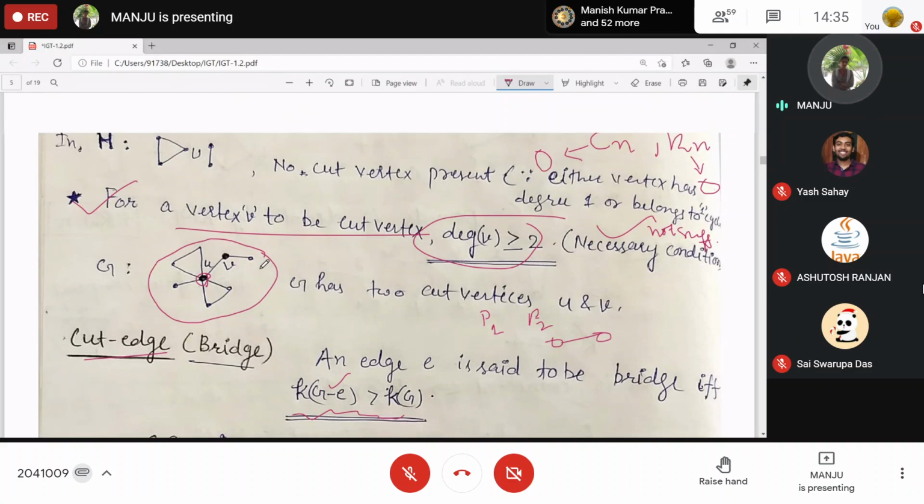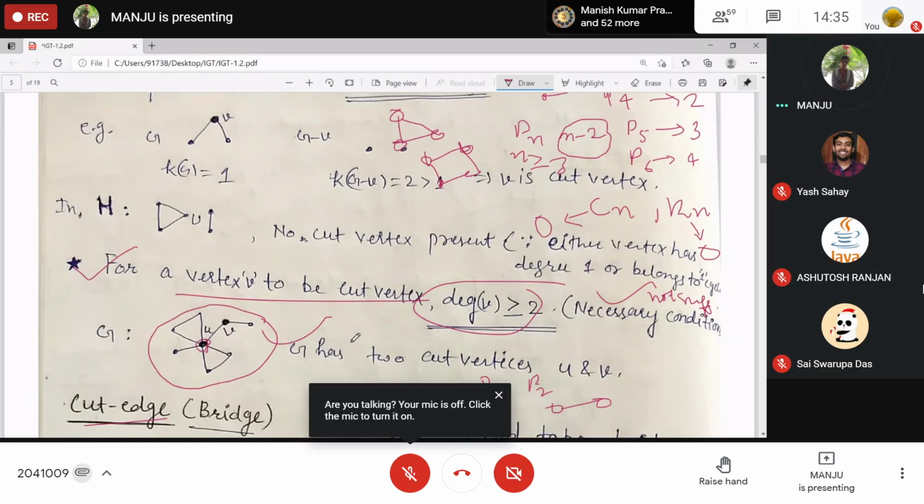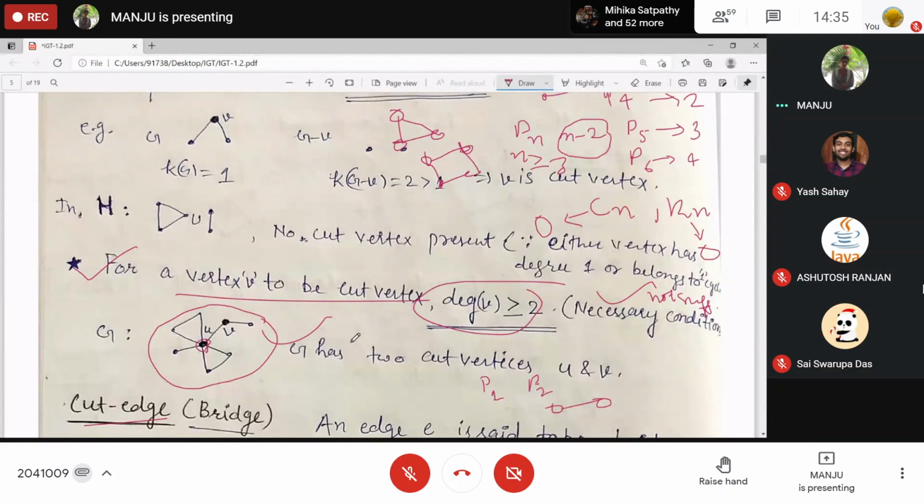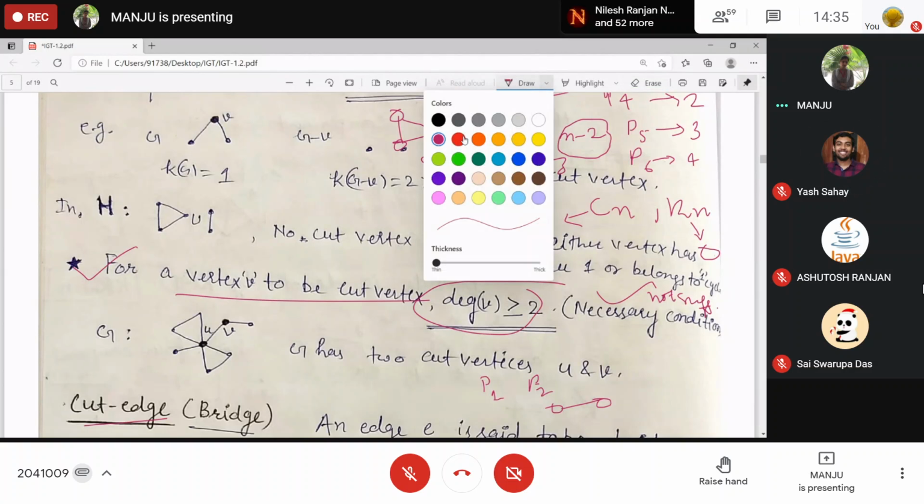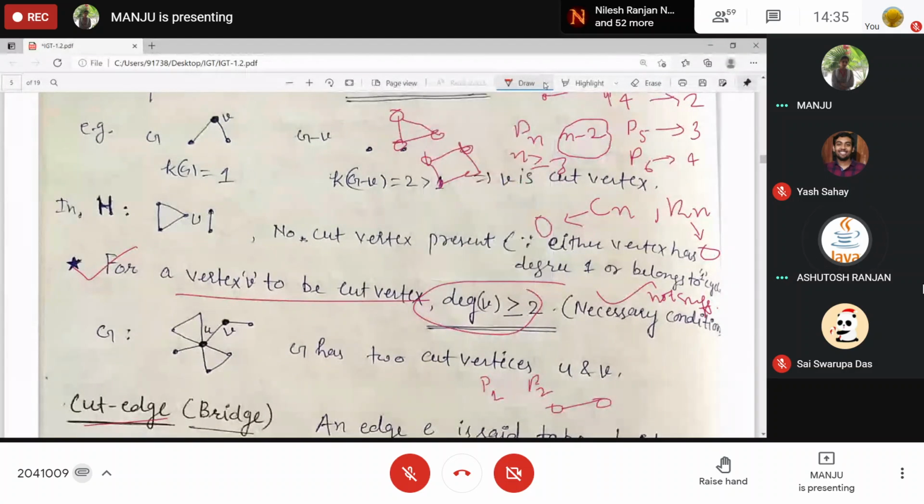How many bridges are present in this graph? 9 edges, and three bridges, right? This one, this one, this one. How many bridges are present in this graph?